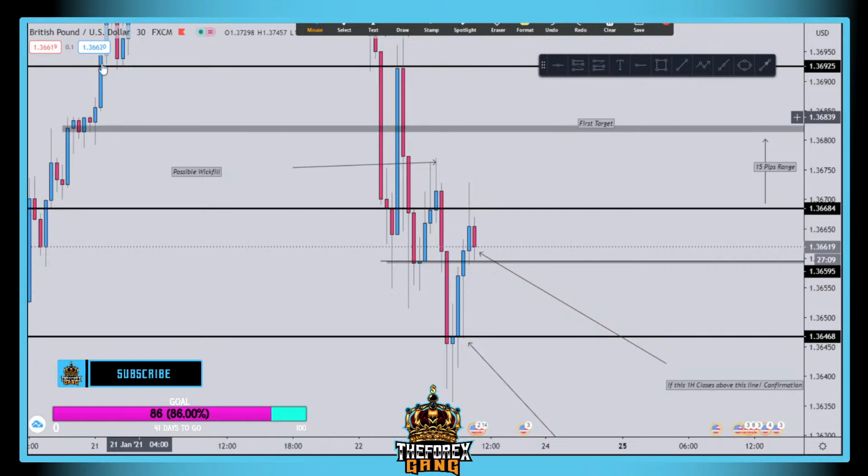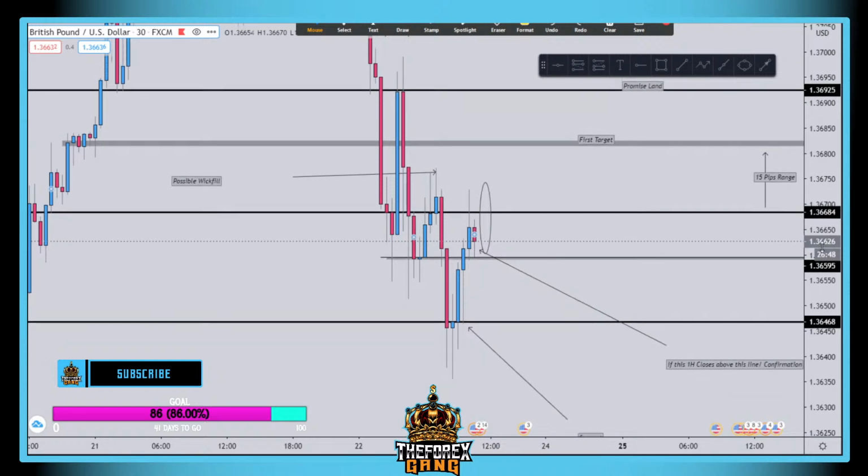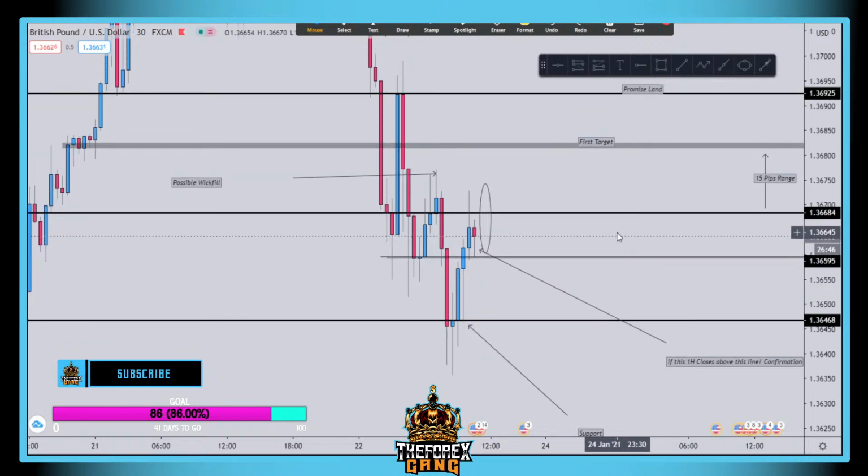I think it's making the support, because it's right here at the support. We could get another candle like this. You know what I'm saying?